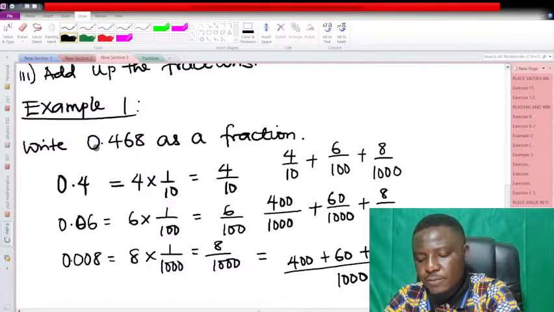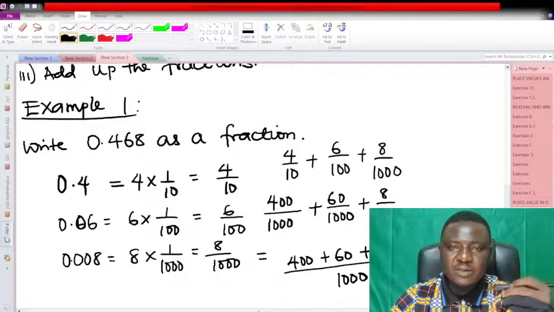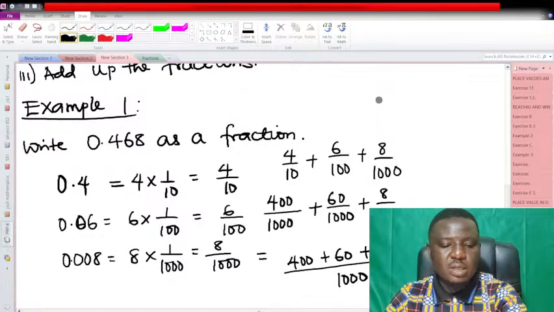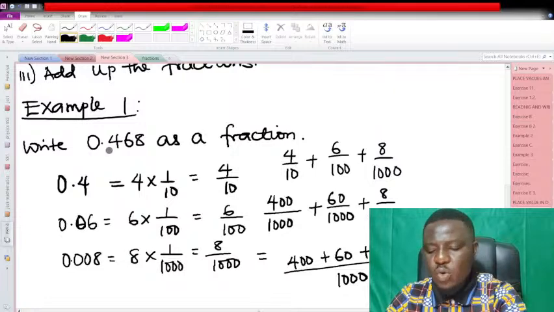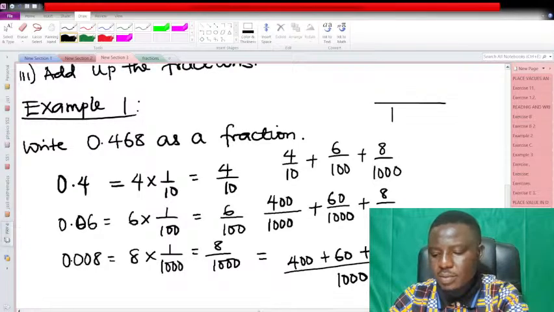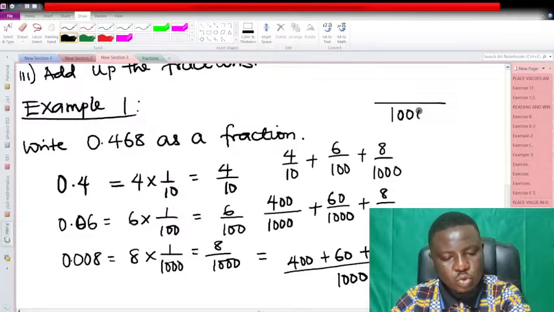When you have a decimal fraction, say 0.468, and you are asked to express it as a fraction, all you need to do is, where you have the point, put your 1, and then count the number of digits you have in the decimal places, and replace them with 0. Which is what? 3, right? So this becomes 1, 2, 3.